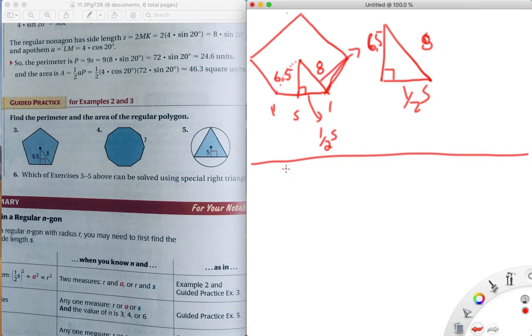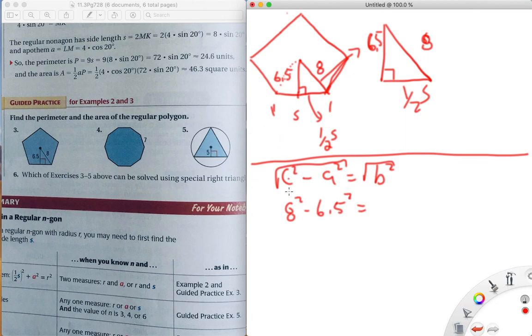In this case, it's going to be c squared minus a squared gives me b squared, and then we're going to square root that. So it's going to be 8 squared minus 6.5 squared, and that's going to give me my b squared.